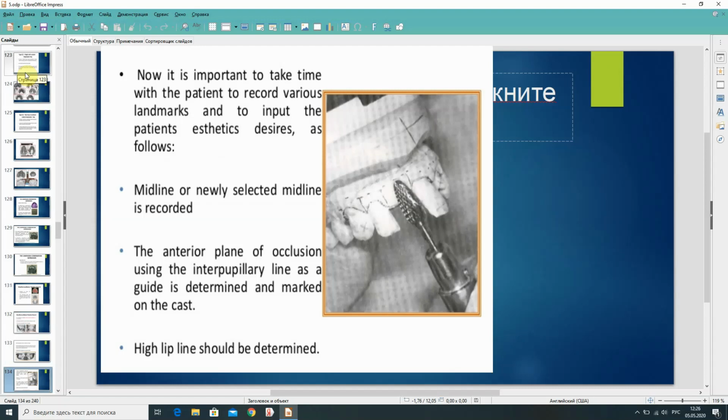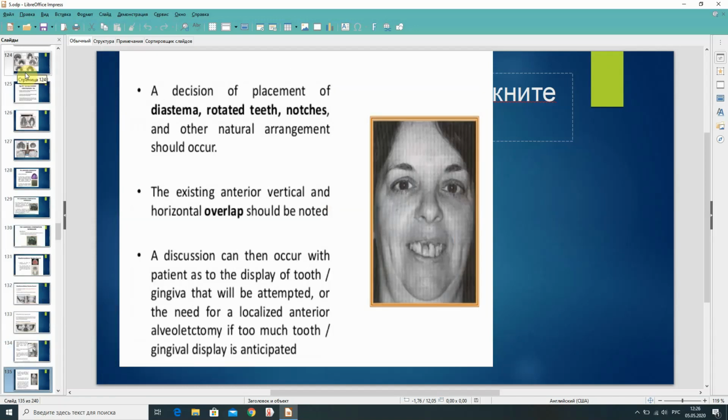High lip line should be determined. Decisions on placement of diastema, rotated teeth, notches, and other natural arrangements should occur. The existing anterior vertical and horizontal overlap should be noted.